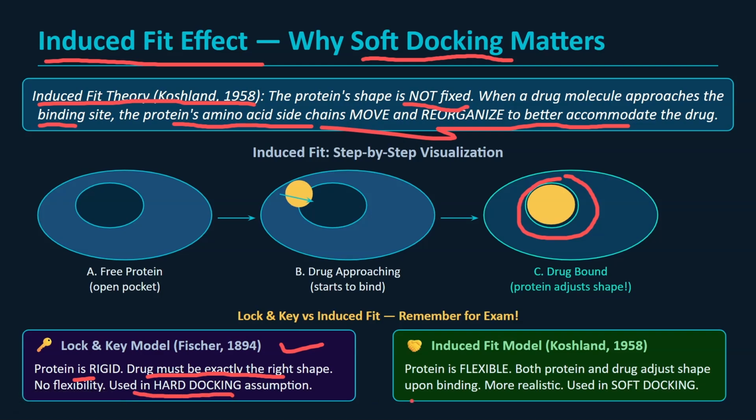On the other hand, we have the induced fit model, which says that both the protein and the ligand are flexible and the drug can adjust. So in hard docking, we assume the lock and key model. The protein is rigid, and on the other hand, in soft docking, we use the induced fit model, so the protein can move. This is why soft docking is more realistic than hard docking and gives better results.